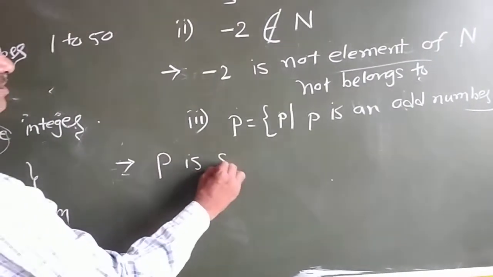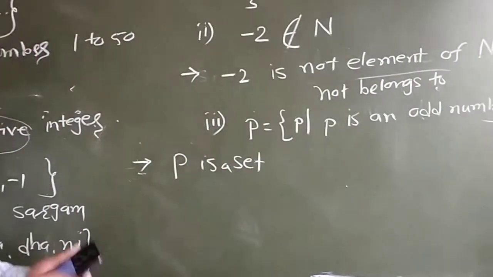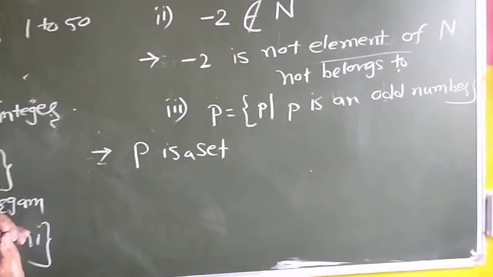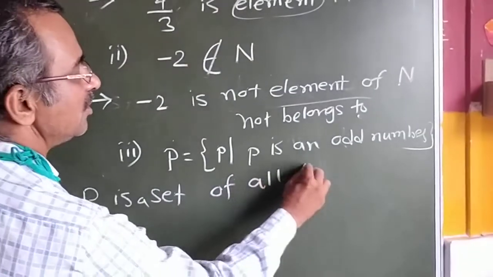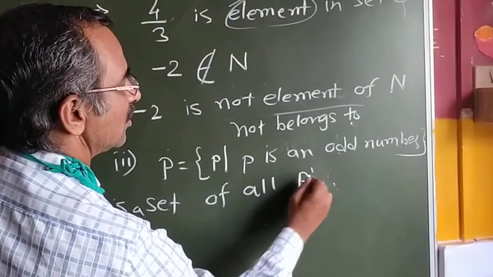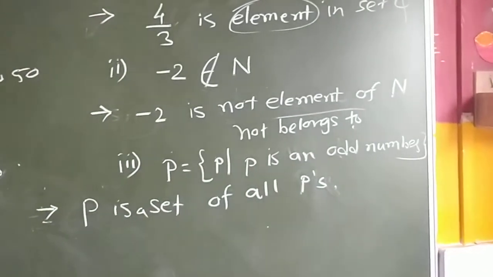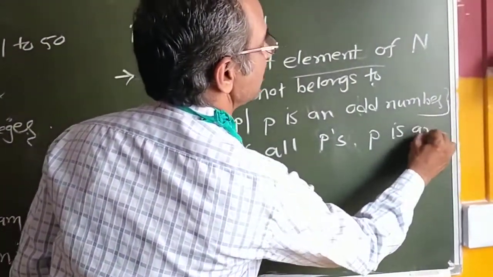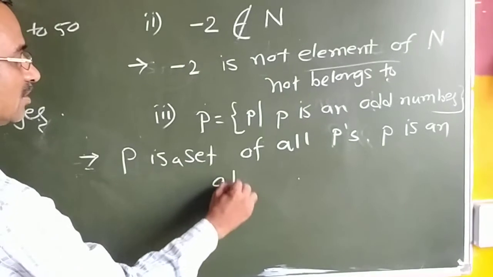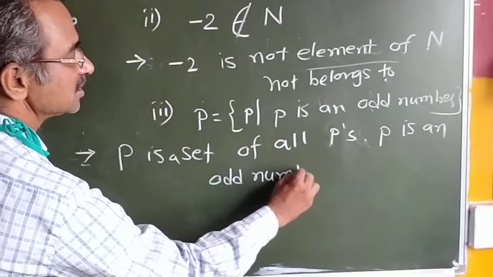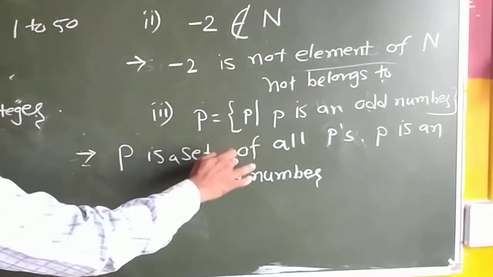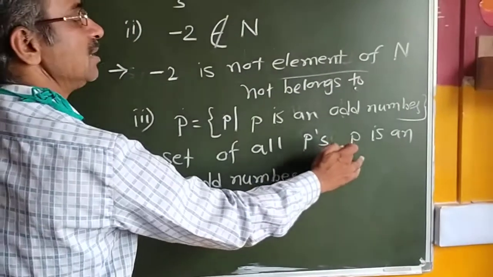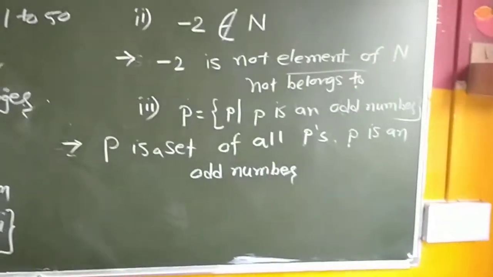P is a set of all small p's, and P is which number? An odd number. This is the answer: P is a set of all p's, and what is the property of that? P is an odd number.